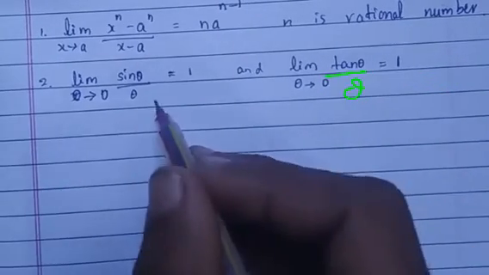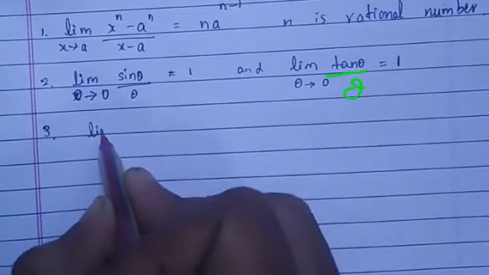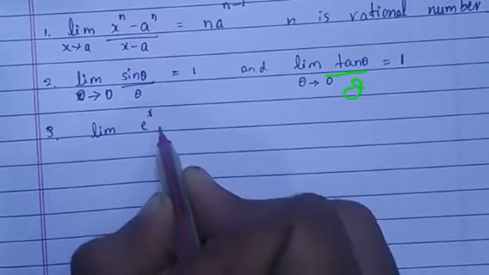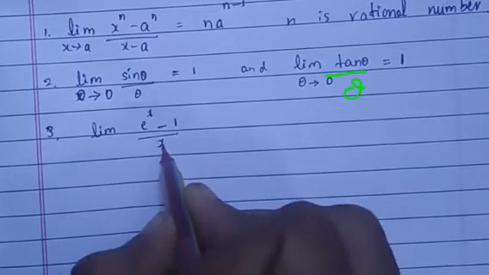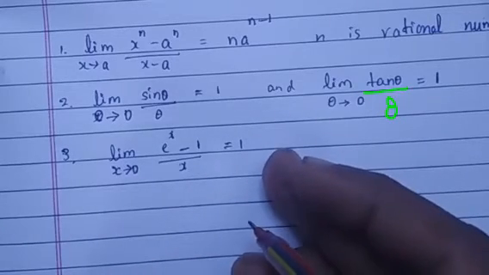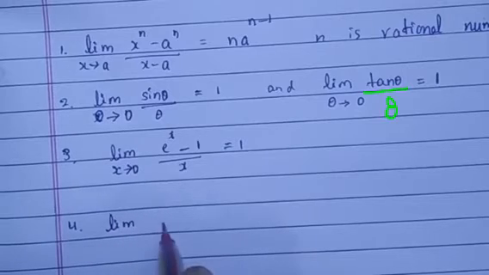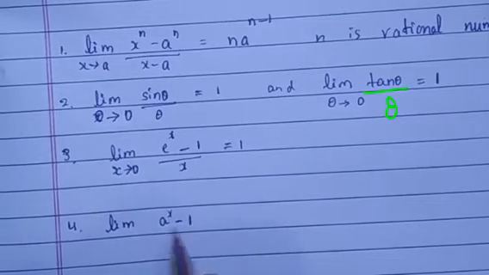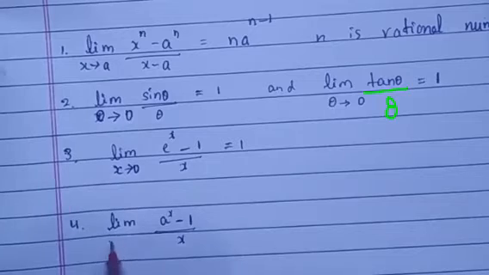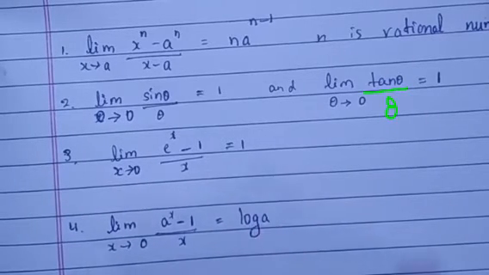And third one is limit of e power x minus 1 over x as x tends to 0 which is equal to 1. And fourth one, limit of a power x minus 1 over x as x tends to 0 which is equal to log a.